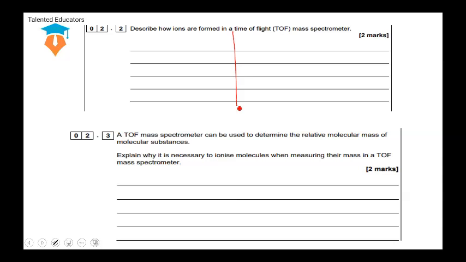If you go with electrospray, your answer would be high voltage applied to a polar solvent. Therefore, the sample gains a proton. This is just an example.